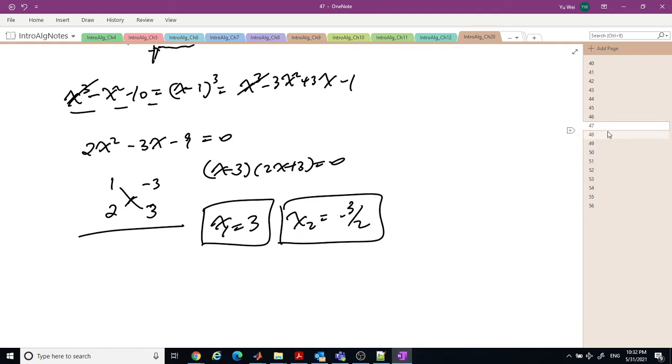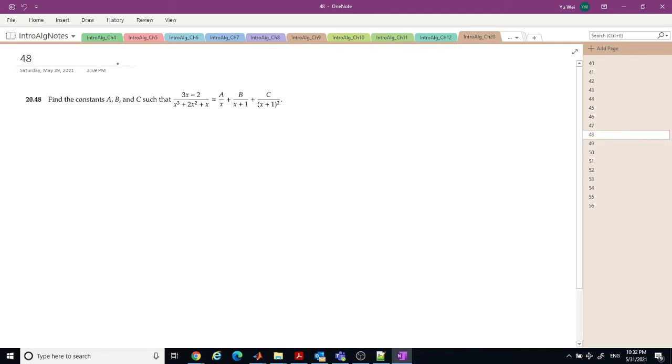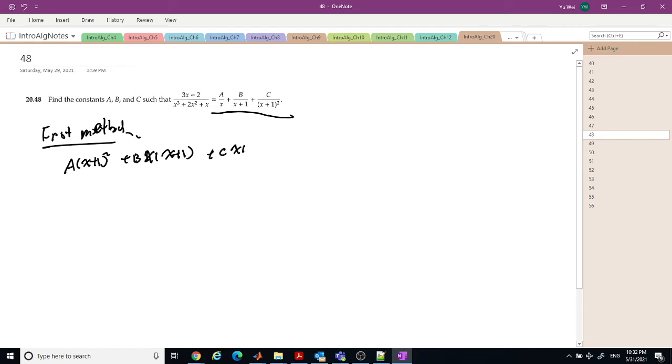Okay, next. So we're trying to find the constants a, b, c such that this holds. There is a simple way to do it. The first method is you can do this: a times (x plus 1) squared, plus b times x times (x plus 1), plus c times x, is equal to 3x minus 2.